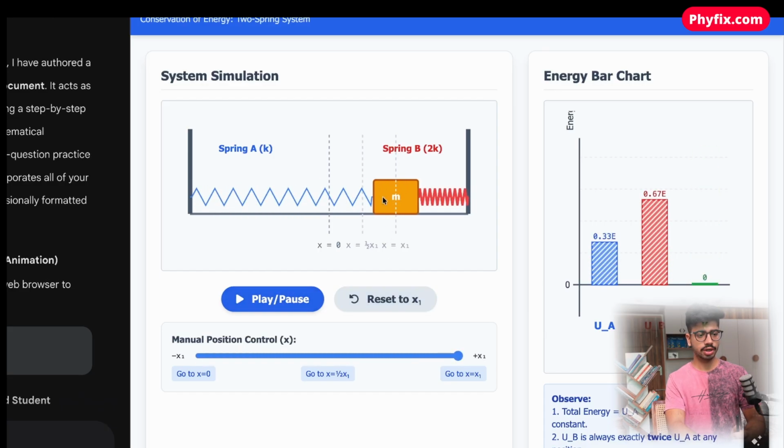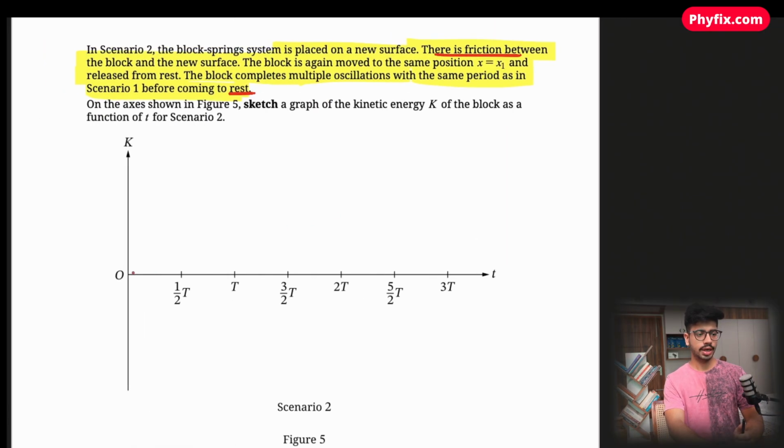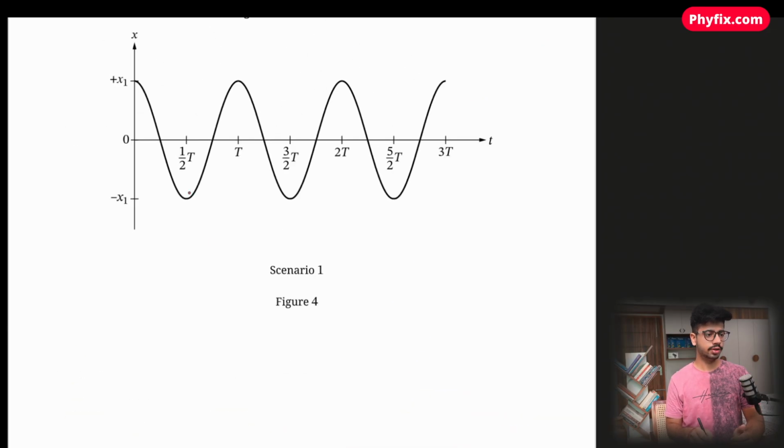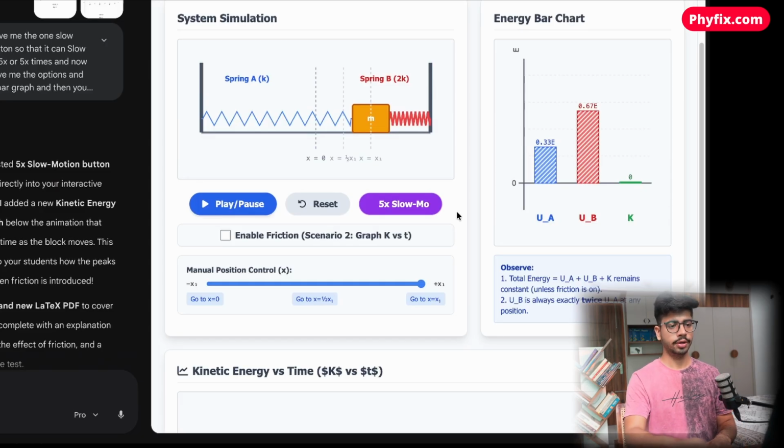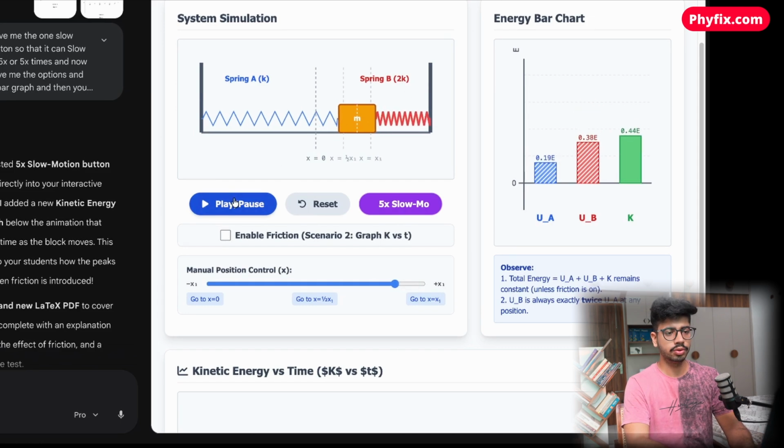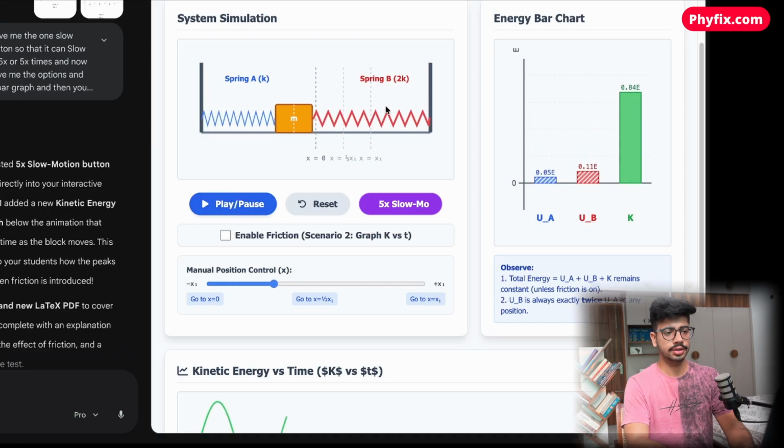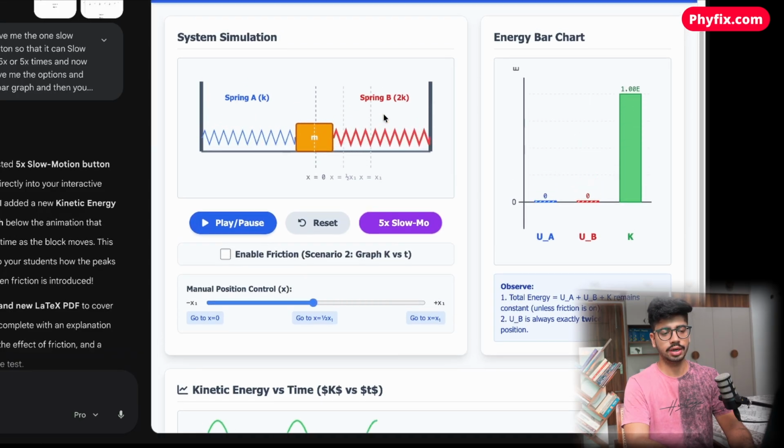But as you are starting from this position, there is only potential energy stored in the system, spring potential energy. As you release it, initially when you're starting, I really tried to draw the animations. As I'm going to play it, you can see how the energies are converting.